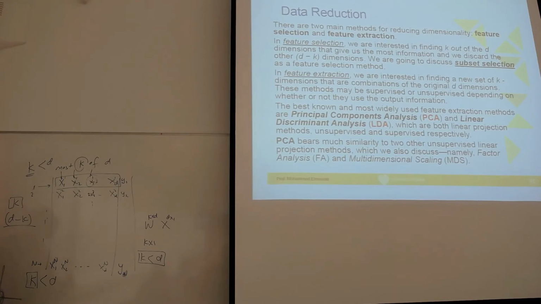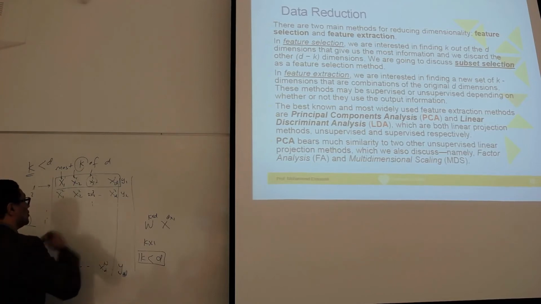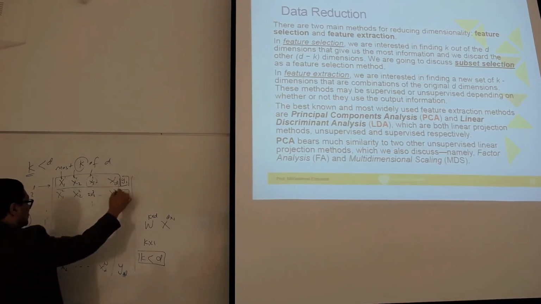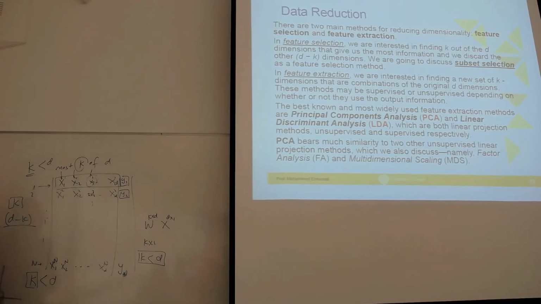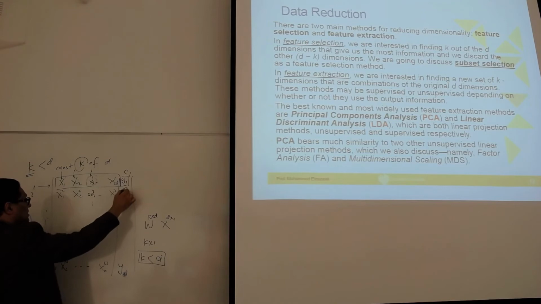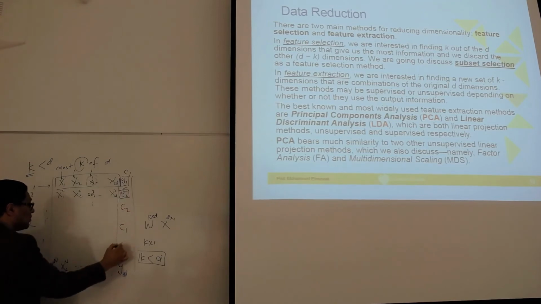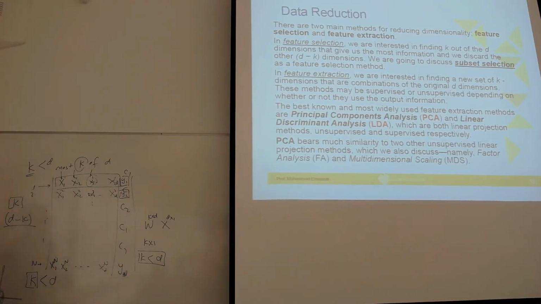The second kind is called linear discriminant analysis, and in that case, we also take into account the outputs, especially in classification. For example, if this is class C1 and this is class C2, then we take into account the classification in order to find the optimal reduction in the data.